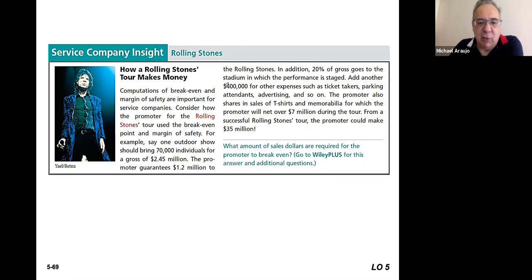Add another $400,000 for other expenses, like the ticket takers, the parking attendants, advertising, and so on. The promoter also shares in the sale of t-shirts and memorabilia, for which the promoter will net over $7 million during the tour. From a successful Rolling Stones tour, the promoter could make $35 million.